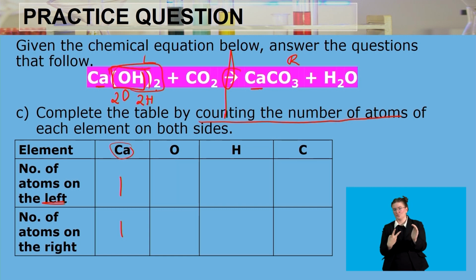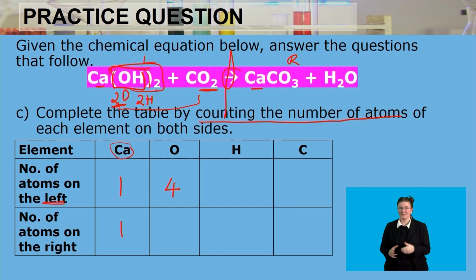And not only the 2, we also have another 2 oxygen atoms still on the left-hand side. So we have 2 plus 2 oxygen atoms. Together we have 4 oxygen atoms on the left-hand side. So we have 4 oxygen on the left.